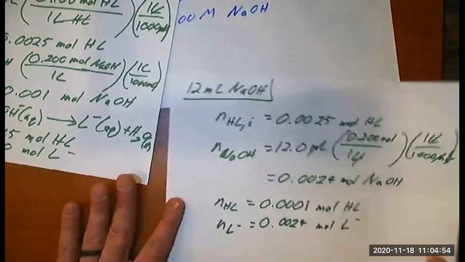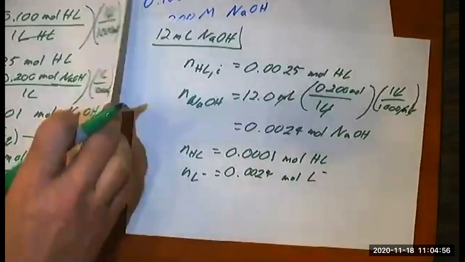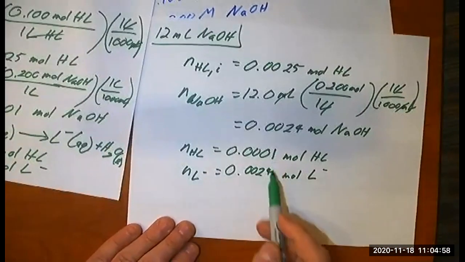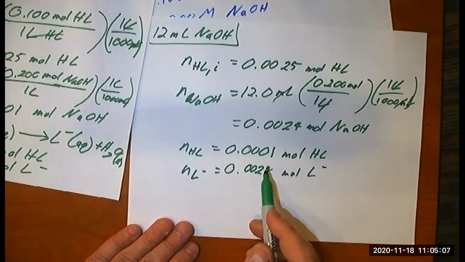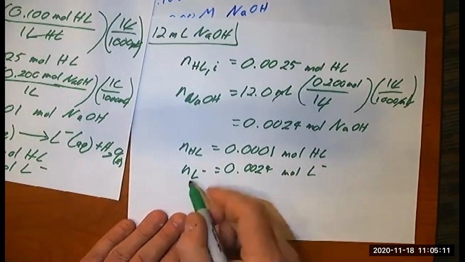Okay. When we look at these two, they are clearly outside the 9:1 or 1:9 ratio. So we are going to end up having to use an ICE table in this case.